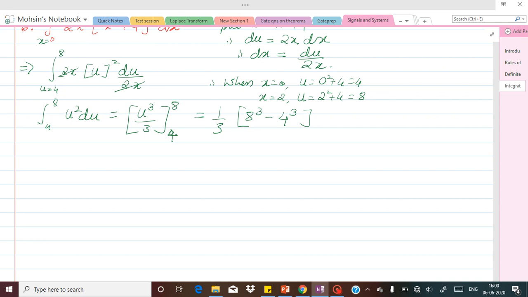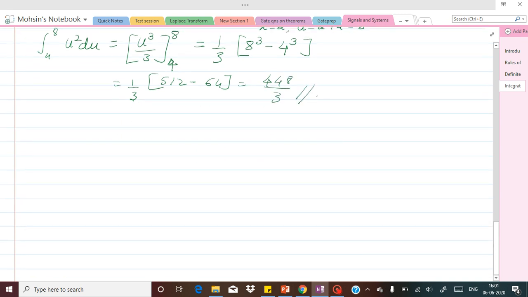Simplifying those two terms, 8 raised to 3 is, I think, 512, and 4 raised to 3 is 64. So let us substitute that. 1 divided by 3, 512 minus 64, and that difference is going to be 448 divided by 3.